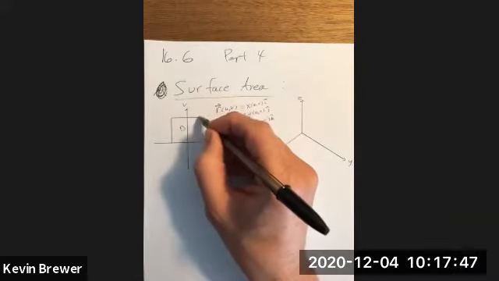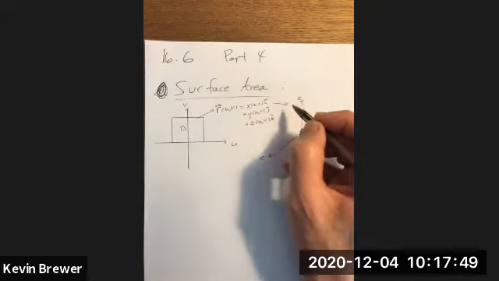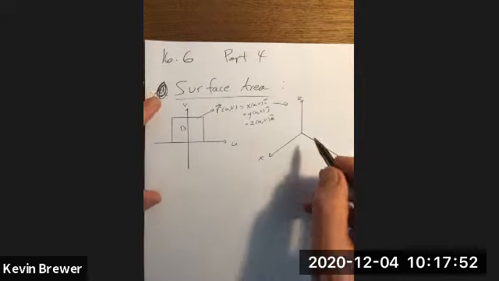So R goes like this and comes over here and gives us some surface.